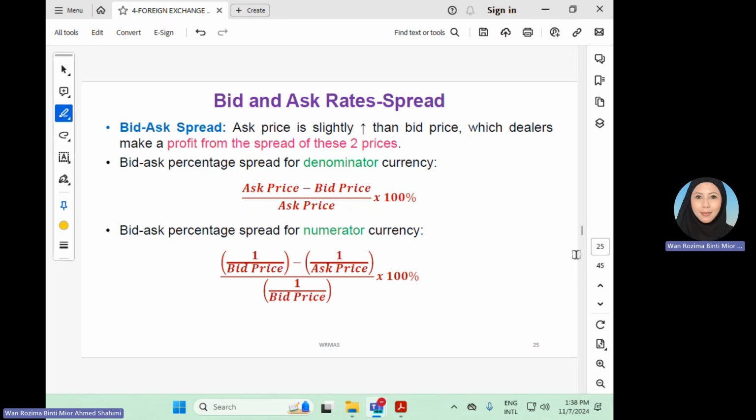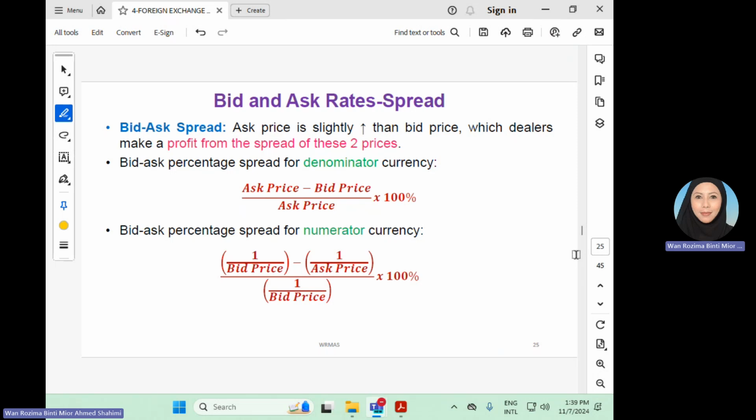So for the numerator, it is 1 divided by... because if you want to take the different positions of perspective, you always take the reciprocal. Usually in currency, when one appreciates, the other depreciates. It must be opposite.